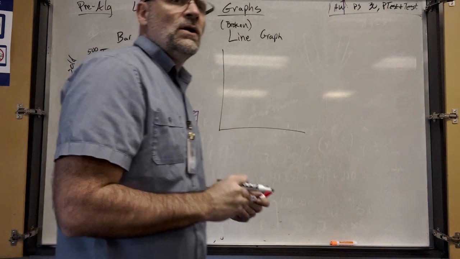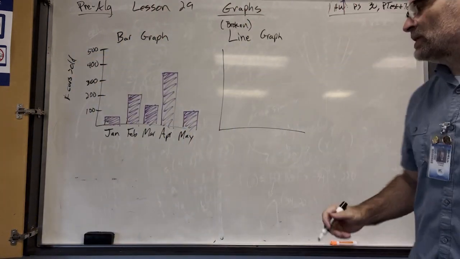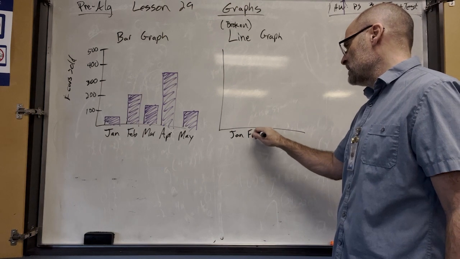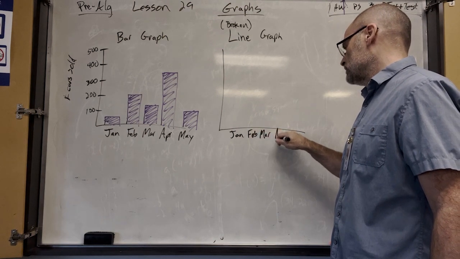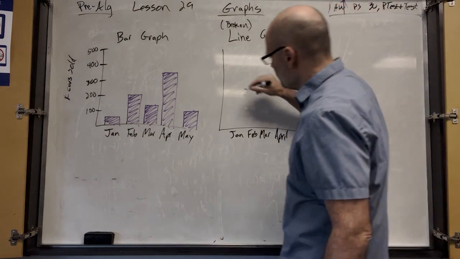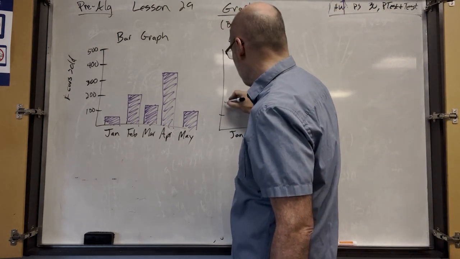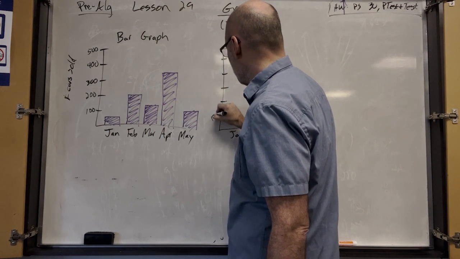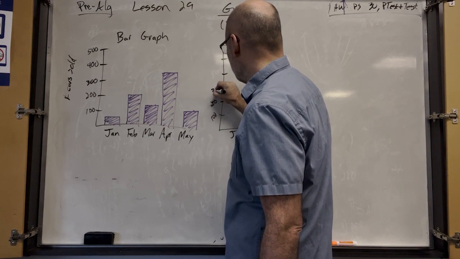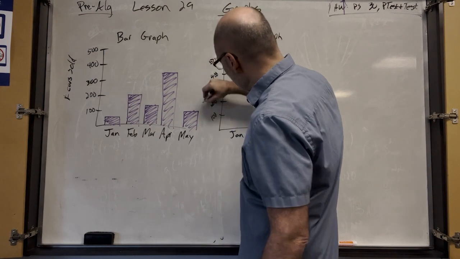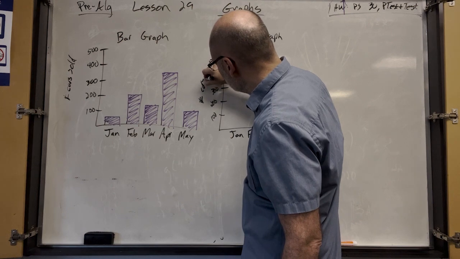Okay, so a line graph and a bar graph look very similar. The labels are identical, and the scale looks pretty similar too: 100, 200, 300, 400, 500, the number of cars sold.